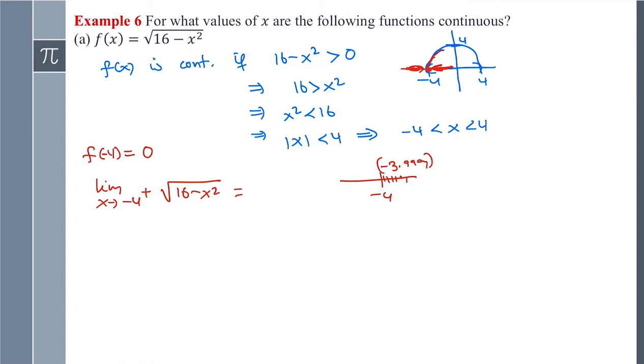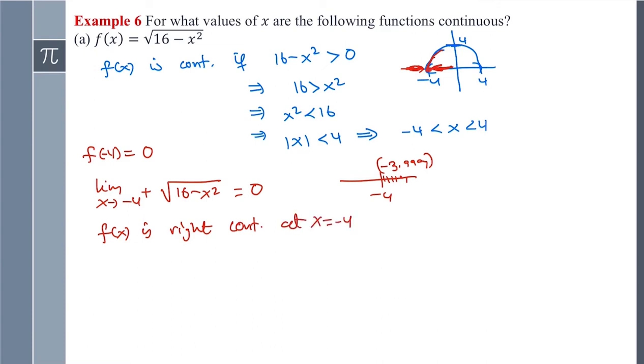So 16 minus a number which is less than 16, we still get a positive number, so the limit exists. It's not negative. So that means we can plug it in, and if we plug it in, we get a 0. So the value of the function is the same as the limit. That means f of x is right continuous at x equals -4.